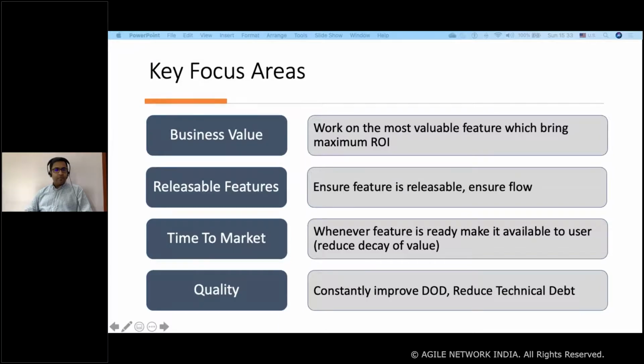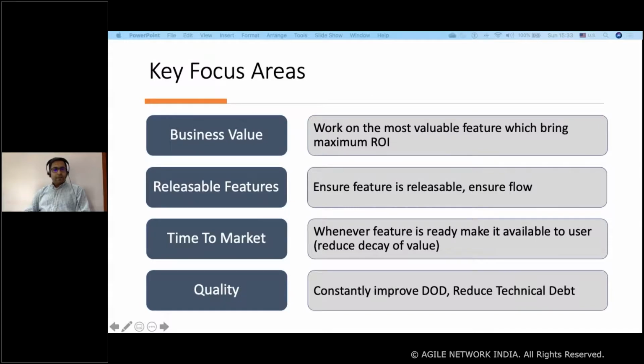That is very important. And the way we can measure business value delivery is by looking at the last quarter: what is the business value being delivered, released into production, or actually reaching the user.